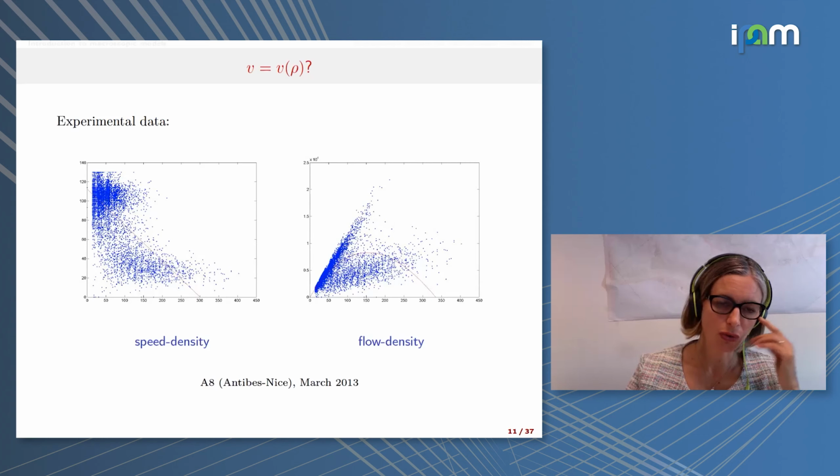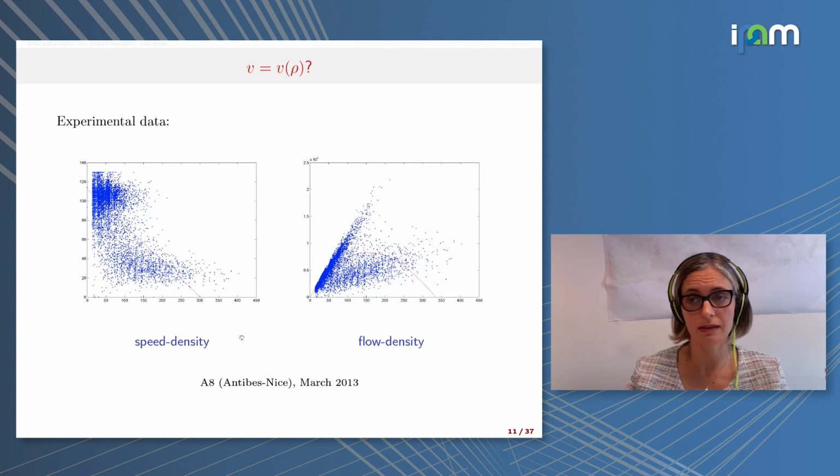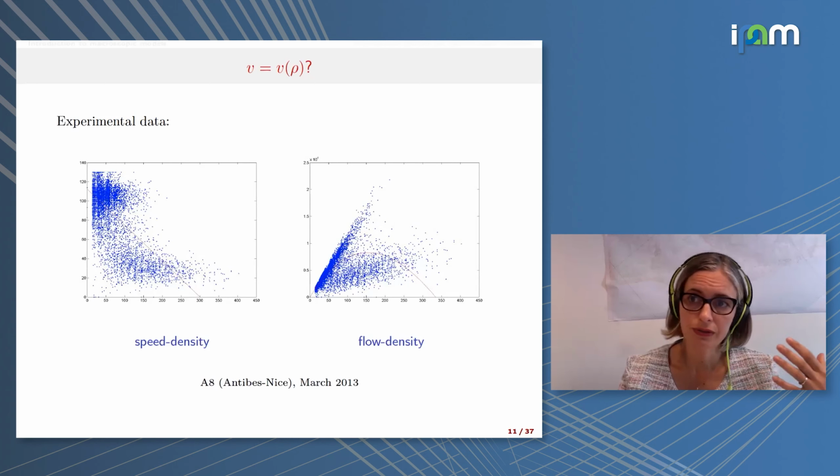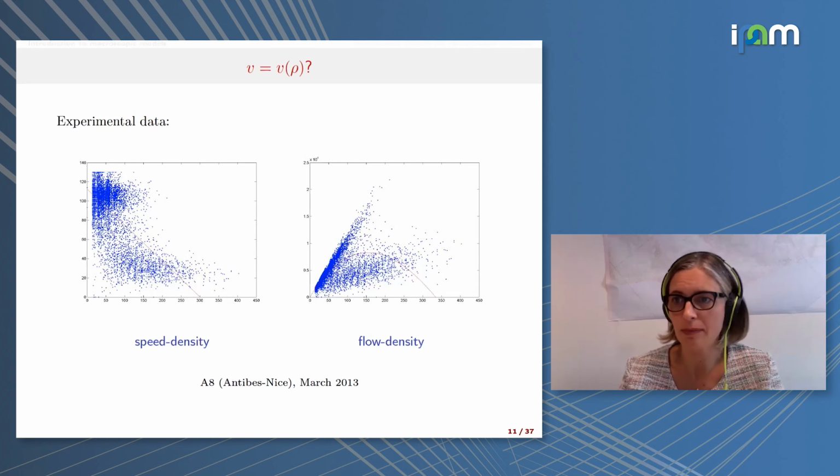And so on one side, we agree that the LWR model is very simple, so it's easier to handle, and it's interesting because of this, but has a lot of limitations because it is simple. On the other side, if we want to describe better some traffic features, we have to elaborate and extend the models in order to capture the features we want to capture.